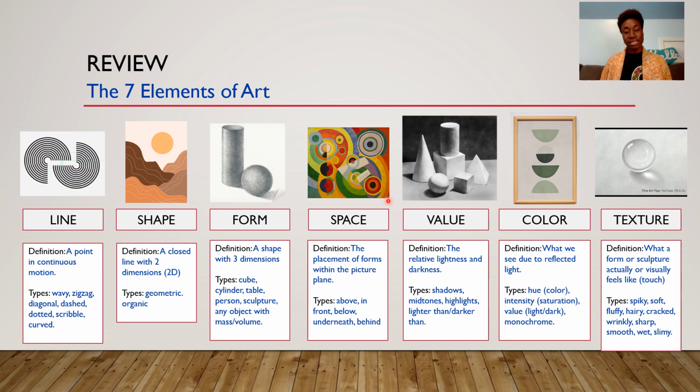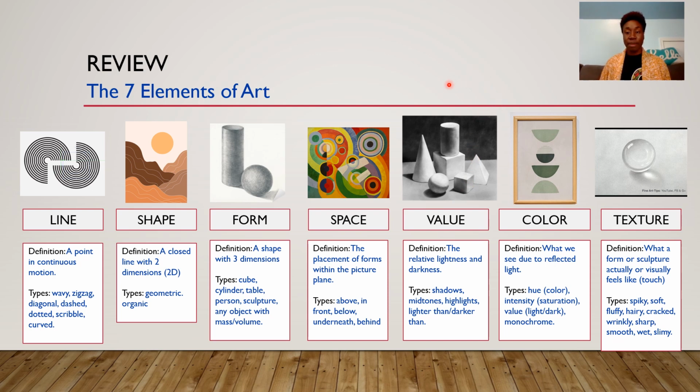Here you have space, and it tells you what the circles are in relation to each other: above, to the left of, behind, next to, things like that. Here you have value, and it tells you the lightness and darkness, sometimes in relation to a light source.